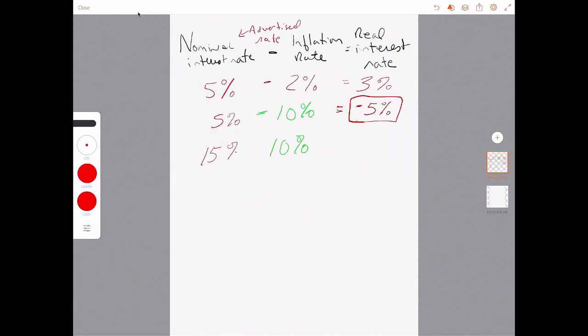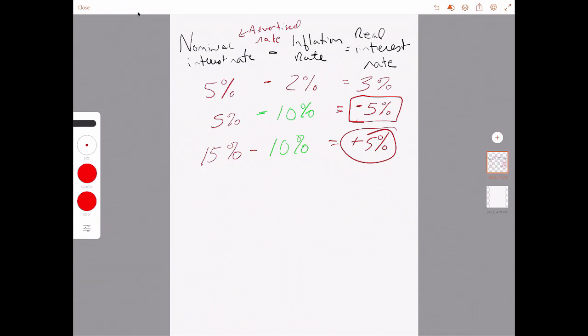Say it changes it to 15%. So if they increase the nominal interest rate to 15% and inflation stays around 10%, now that bank is earning 5% in terms of real purchasing power, in terms of a real rate of return.